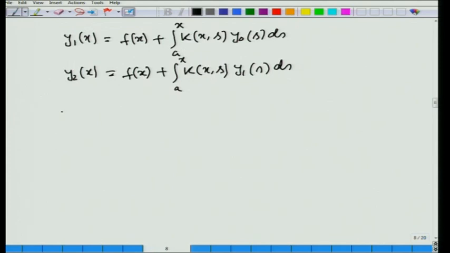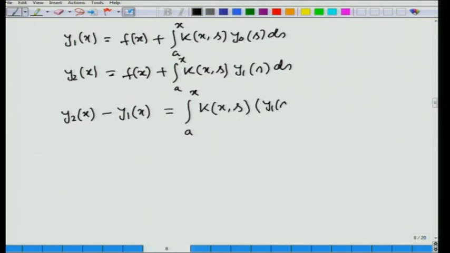So, subtracting, we can find y 2 x minus y 1 x is equal to integral a to x k of x comma s times y 1 s minus y 0 s ds.